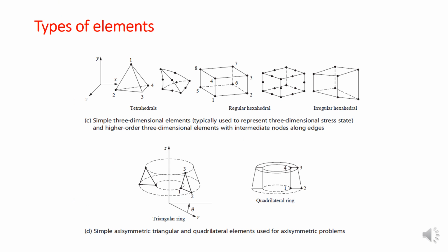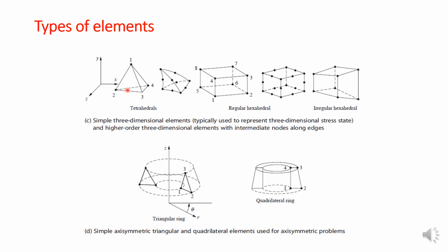Commonly used three-dimensional elements are tetrahedral and hexahedral elements, and they are used when it becomes necessary to perform a three-dimensional stress analysis. The basic three-dimensional elements have corner nodes like these ones, and straight sides.